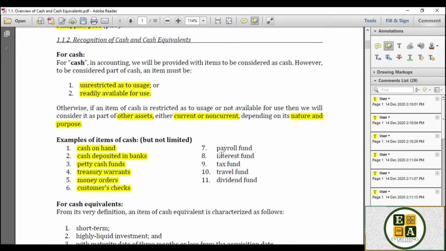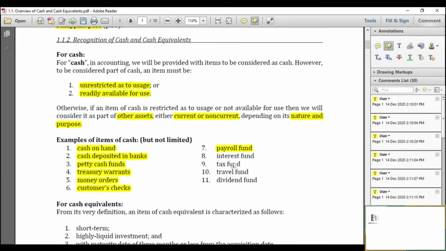Then we also have payroll fund. So, dito na papasok yung may mga sinasabi nating qualifications. For example, yung payroll. Payroll is specifically provided or set aside for paying salaries and wages. But because it is for business purpose, or for current operations ng isang company, it is part of our cash.